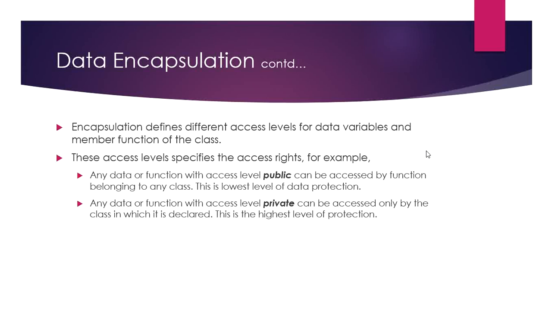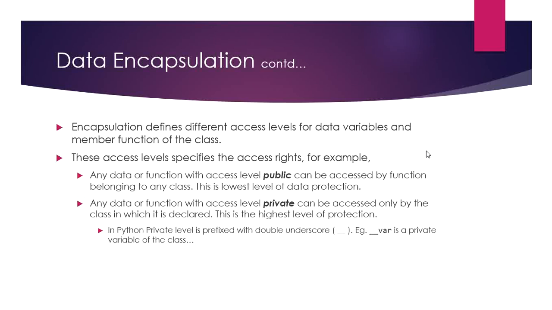So we have a class block where we say that this function, method or variable is private, so we are only able to access it within the scope of the class. It is the highest level of protection in Python, and public is the lowest level of data protection.